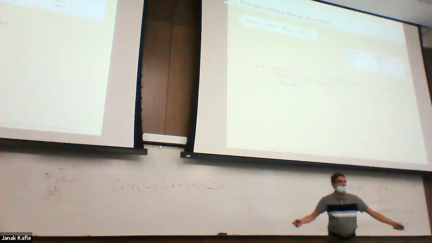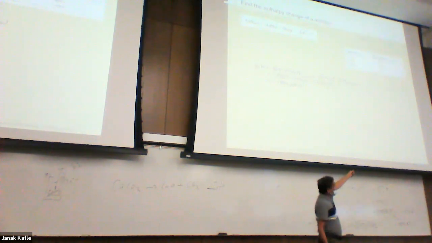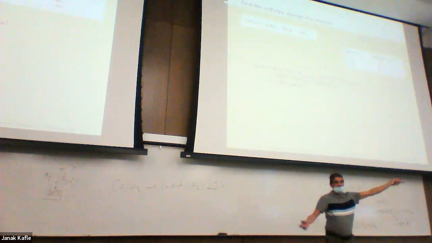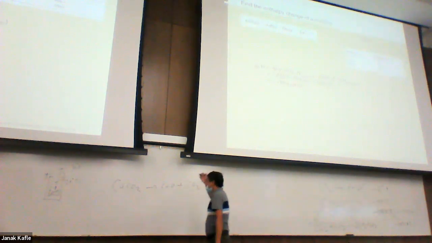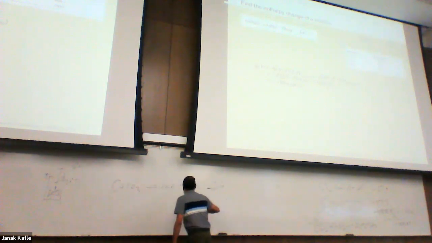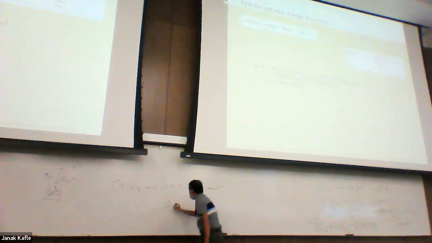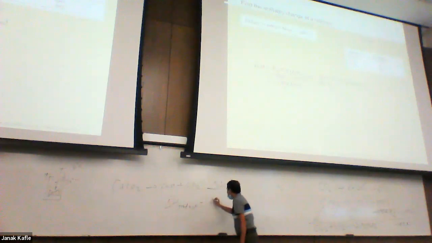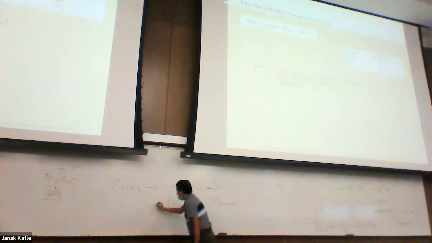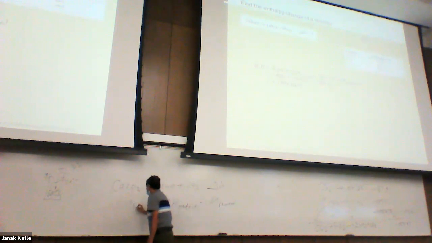I don't need to do an experiment if I have numbers like this. So the heat change would be the heat change for products minus the heat change for reactants. That would be the total heat change for this reaction.